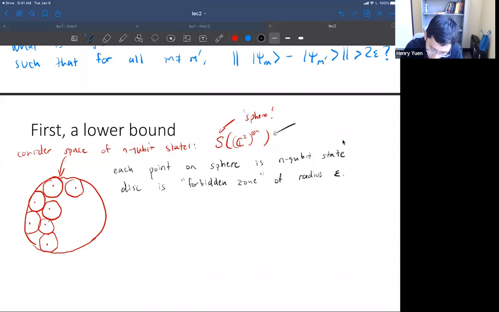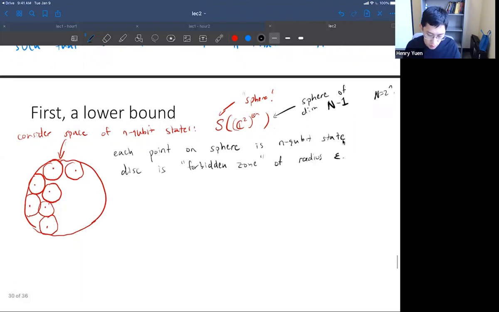Mathematicians call this the sphere of dimension capital N minus 1. Remember, capital N was equal to 2 to the n. There's a minus 1 just because, since you're talking about unit vectors, you lose 1 degree of freedom. But that's just a technicality.